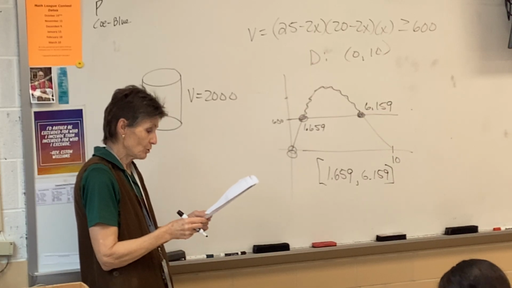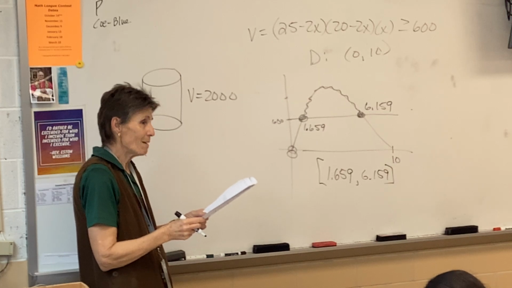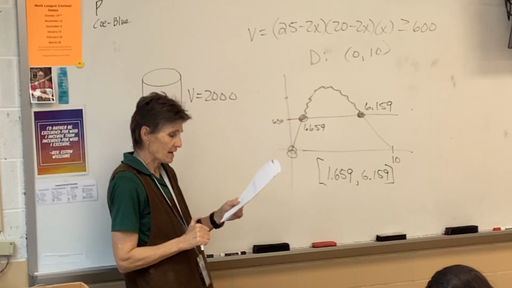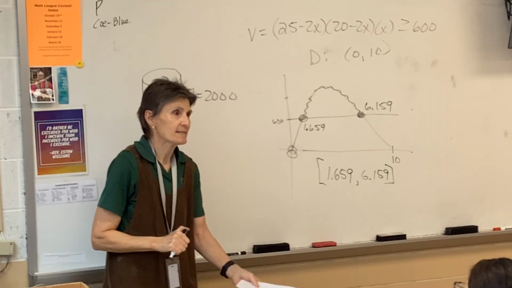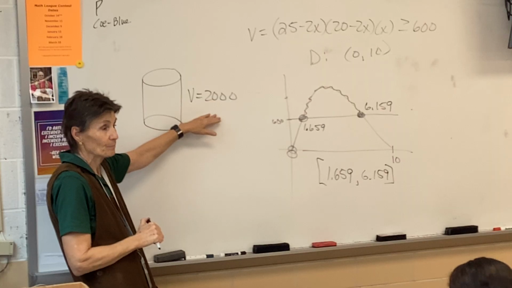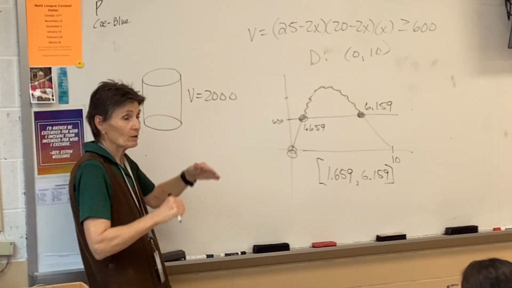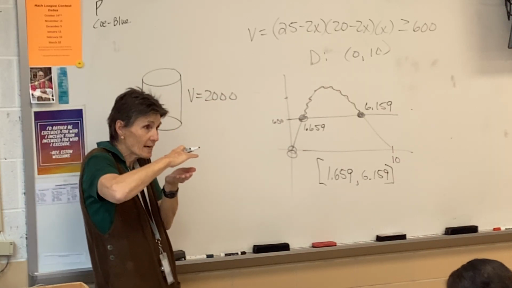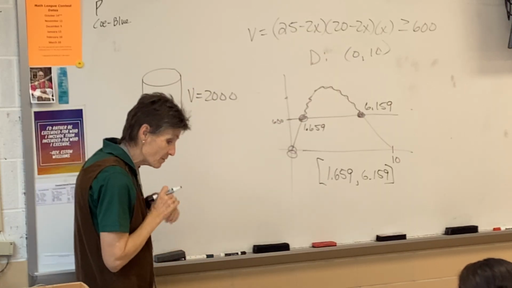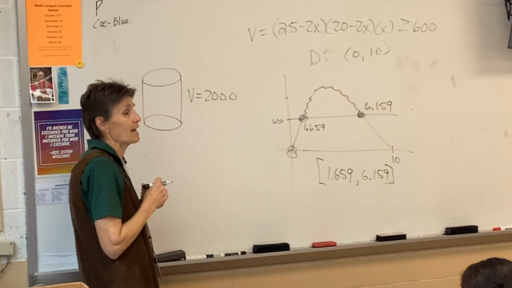They want to make these cans so that the surface area is less than 1,000. So the volume has to be 2,000. But we could have short squat cans, we could have big tall skinny cans. We just need the area to be less than 1,000.